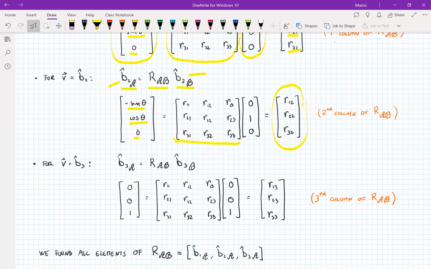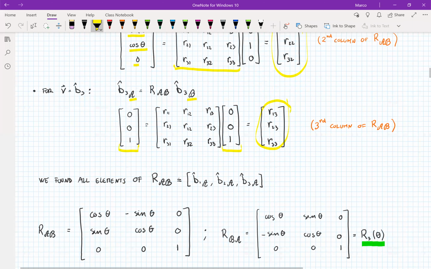Finally, for B3, that is even easier, because B3 in both A and B coordinates is equal to 0, 0, 1. So 0, 0, 1 is also going to be the third column of our rotation matrix RAB.